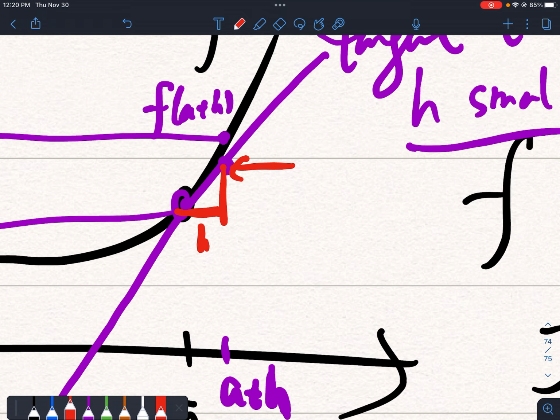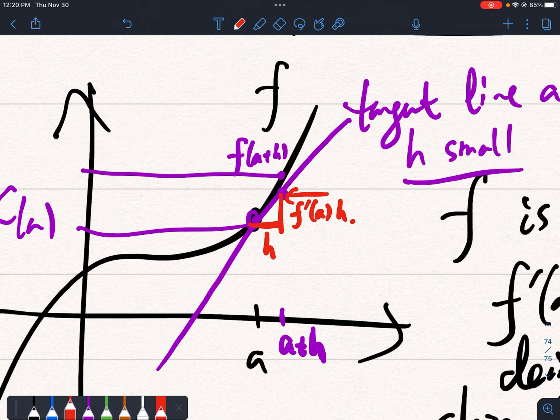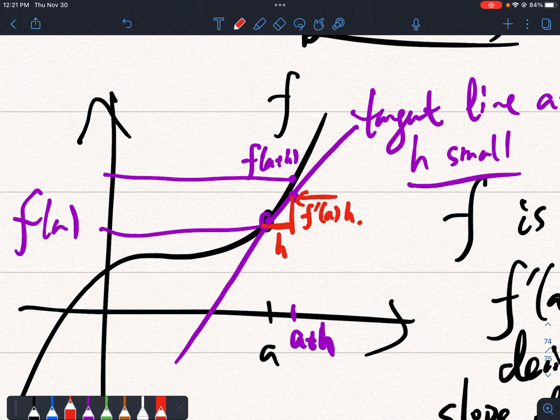But what is this value? Well, you can just draw a triangle, and this is h, and the slope of the tangent line is f prime of A. So the y increment is f prime of A times h, right? And you know that this value is f of A. So you go from f of A going up by f prime of A times h.